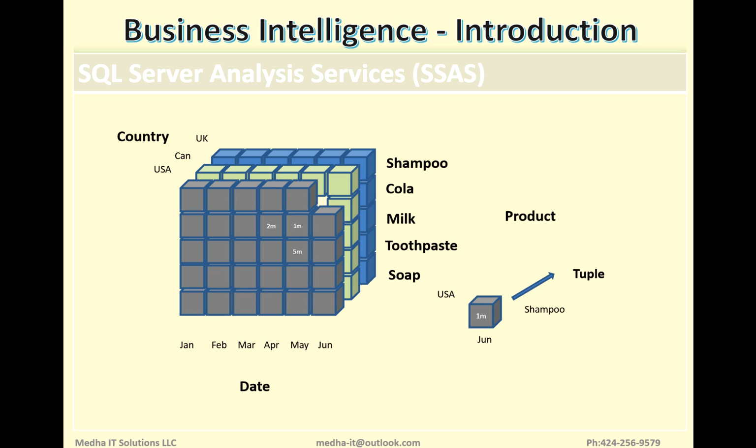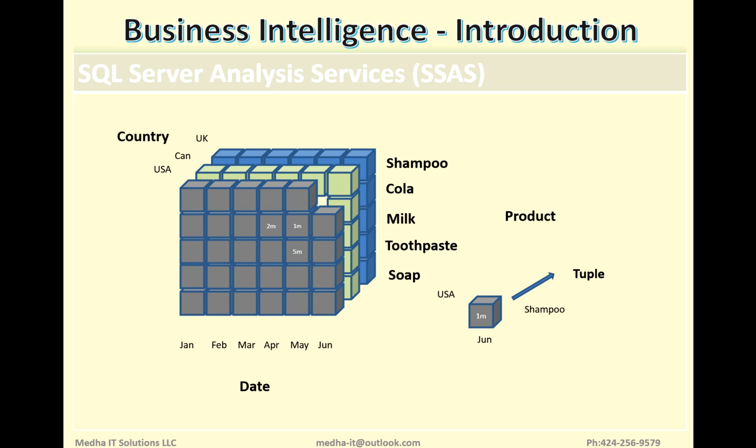But here each piece within the cube represents again a cube, which is called a tuple. Okay, a tuple is nothing but a subset of the cube that represents a given fact information. Fact in the sense here is the sales amount against the given dimensions.